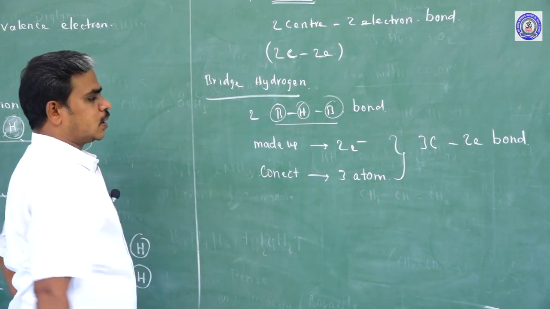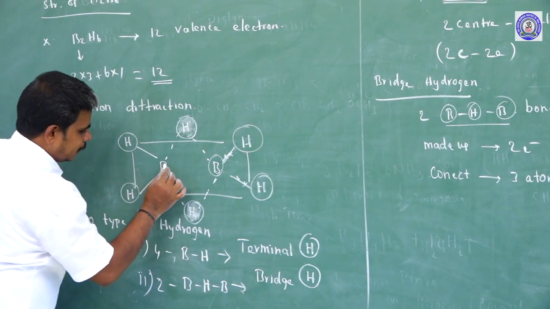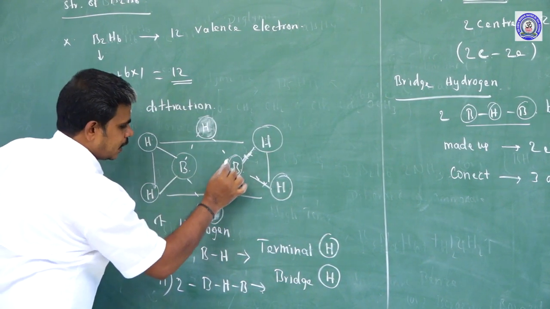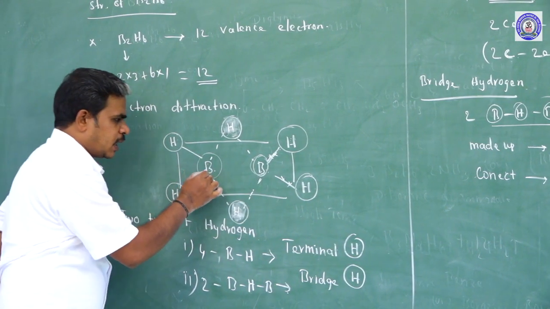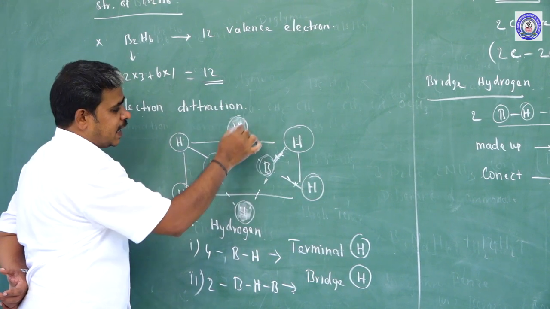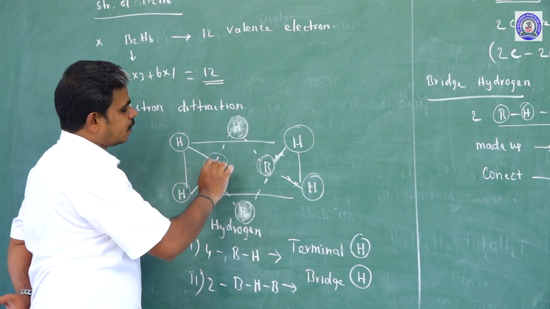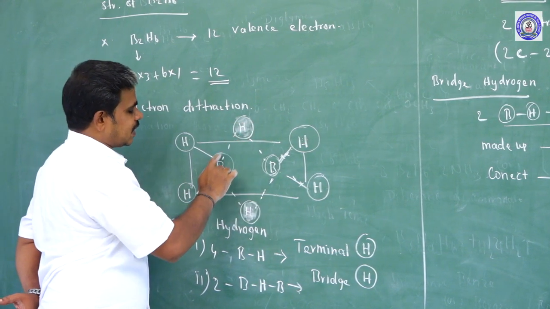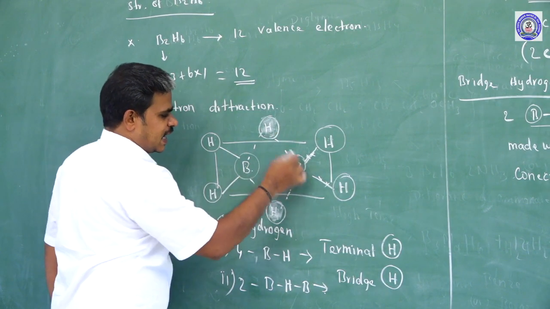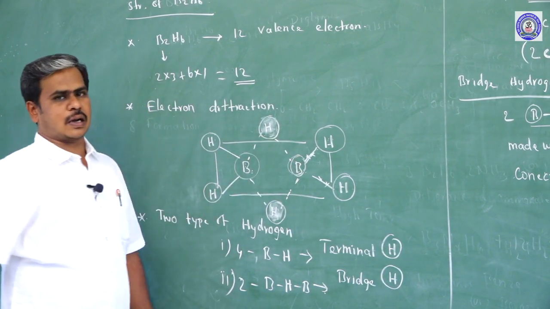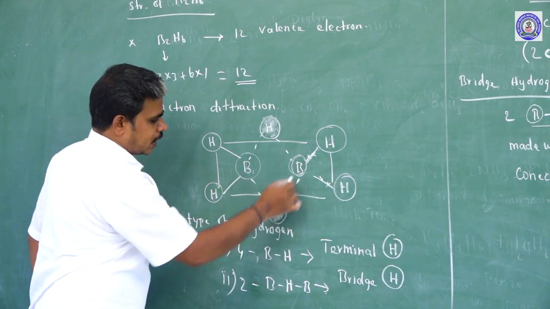Here there is a boron, and here a boron, BHB, and it is made up of only 2 electrons. 3 atoms are connected by 2 electrons. How many 3C 2E bonds are there? 1 and another 1, so 2.